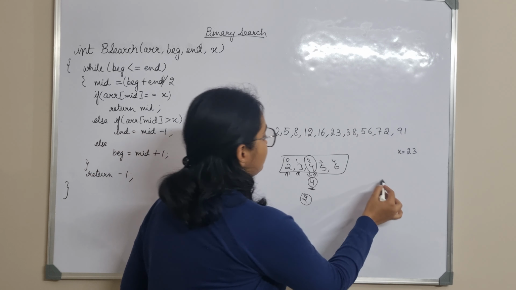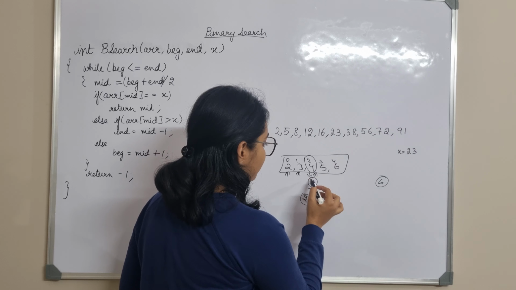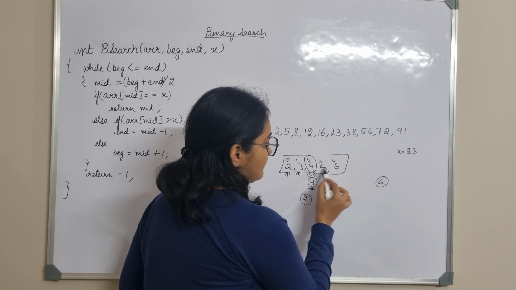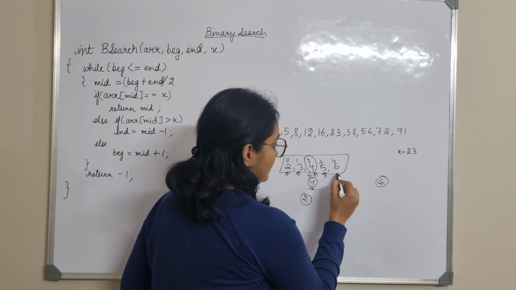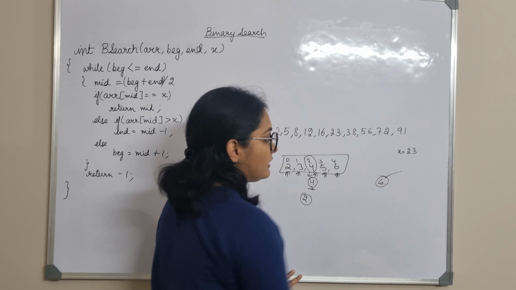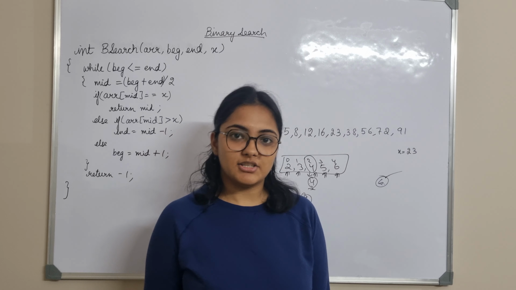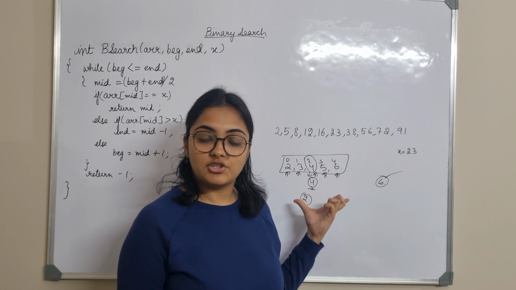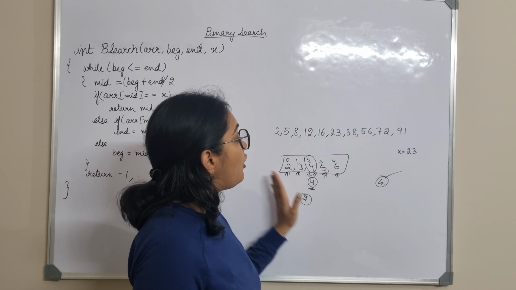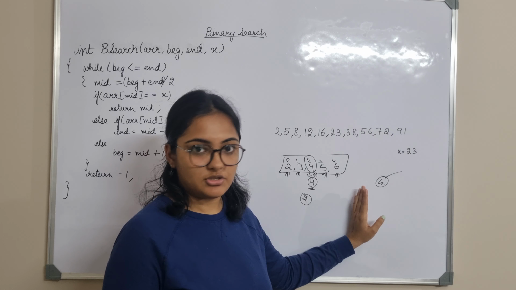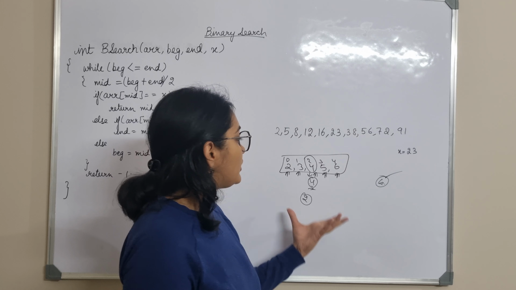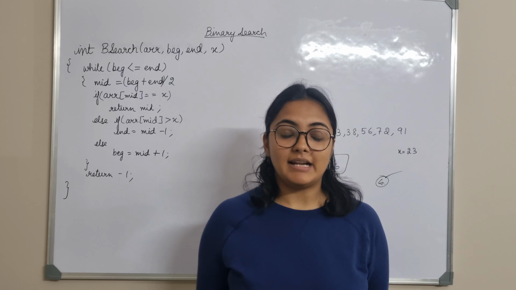Let's say if you want to search for 6, then 6 is again not matching with 4, so we increment the pointer, and then 5 is compared with 6, not found, then 6 is compared with 6, then it is found, then it is returned. So this is how searching, or I should say linear search in particular, works. It compares the value with all the elements in the data structure, and that's why it takes more time.